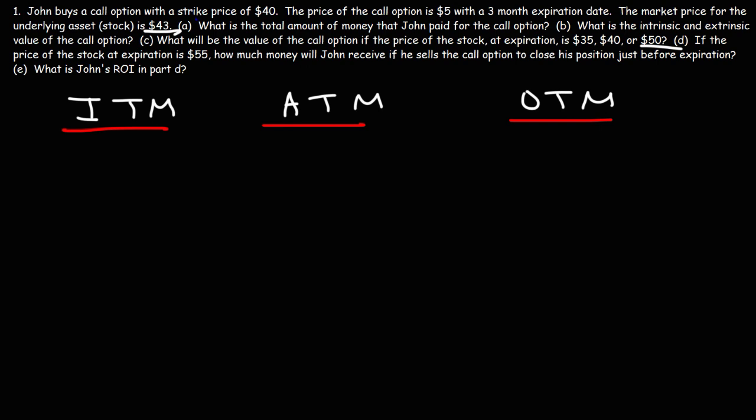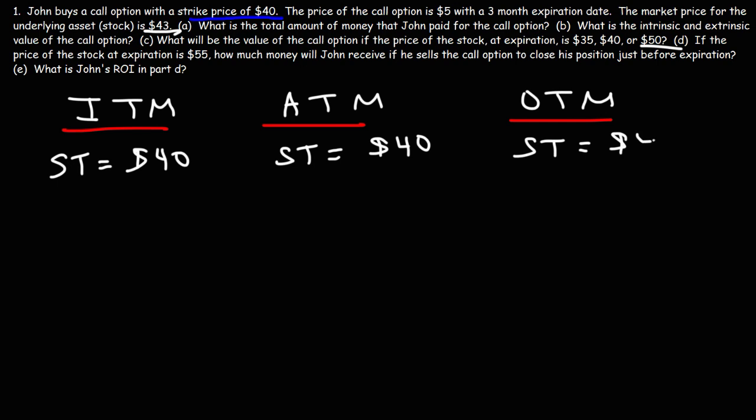So let's use the same example where we have a call option with a strike price of $40. I'm going to use ST to represent the strike price. It's the same for all 3 examples. Now, the call option is at the money if the share price is equal to the strike price.